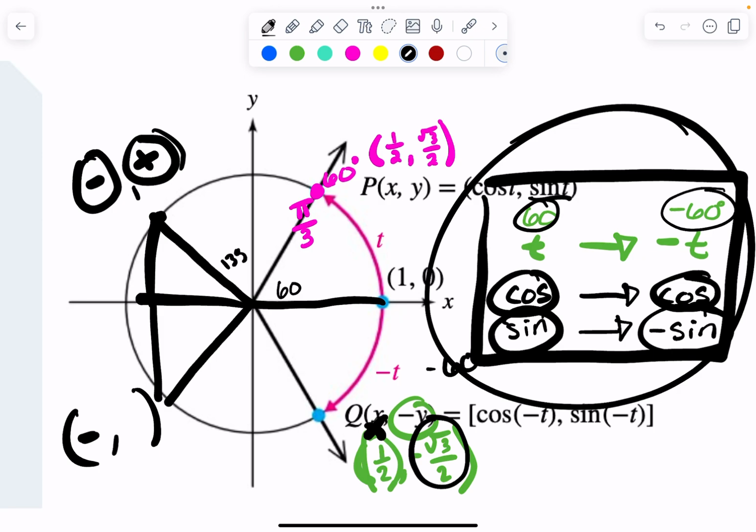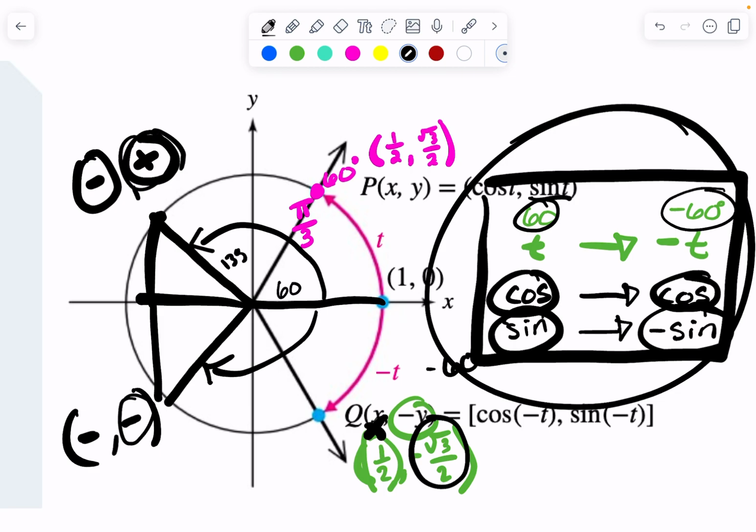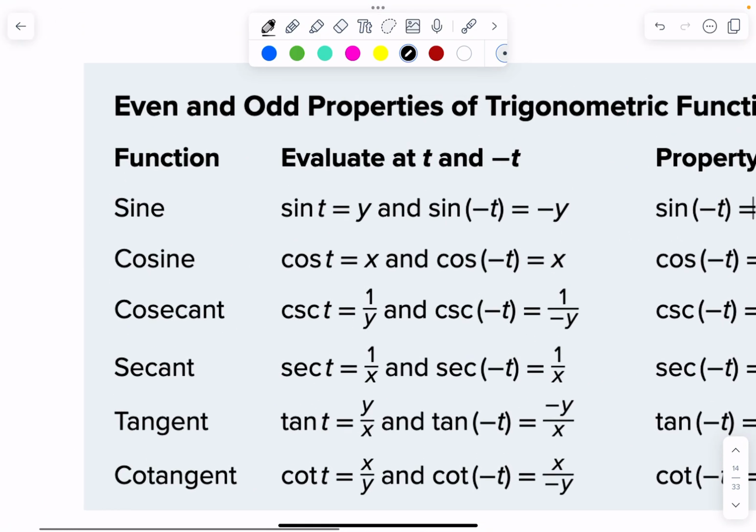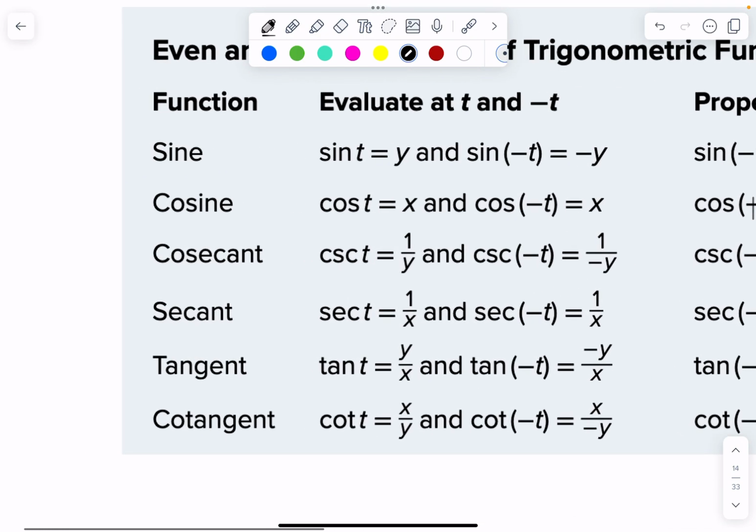So if this guy's positive, now he becomes negative. It's the same thing with the second and fourth quadrant. 135 degrees would be here. This would be negative 135 degrees. The y coordinate is just going to change and be a different sign. And that's how it works on the unit circle.